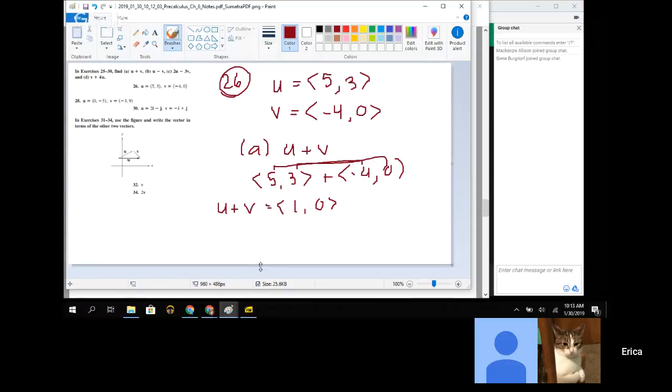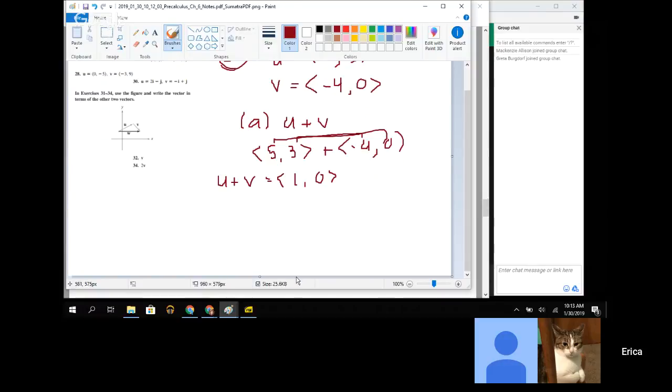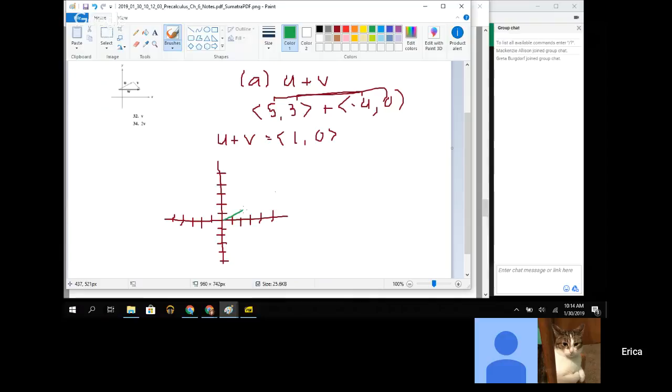All right, so if I had a graph up, let me do a really quick graph for you. Okay, so I have a graph, 1, 2, 3, 4, 5 on each axis. If I graphed vector u, it would be 5, 3, so vector u would look like this.